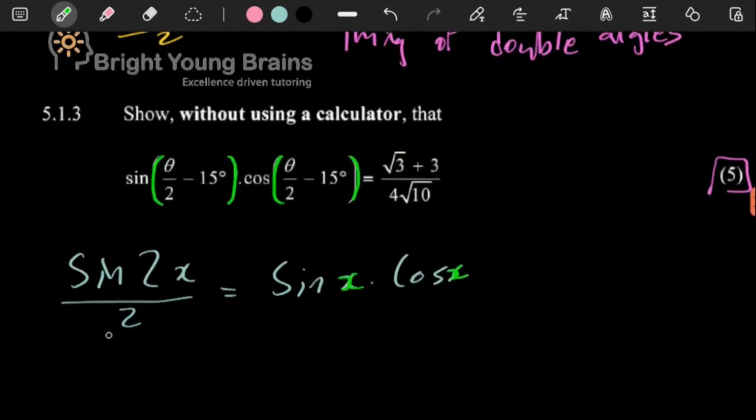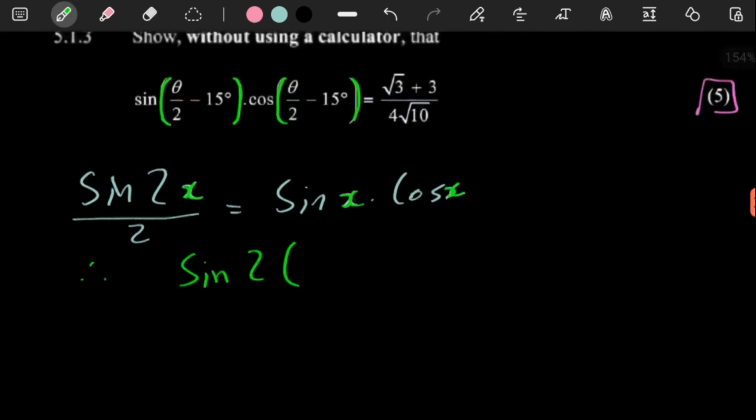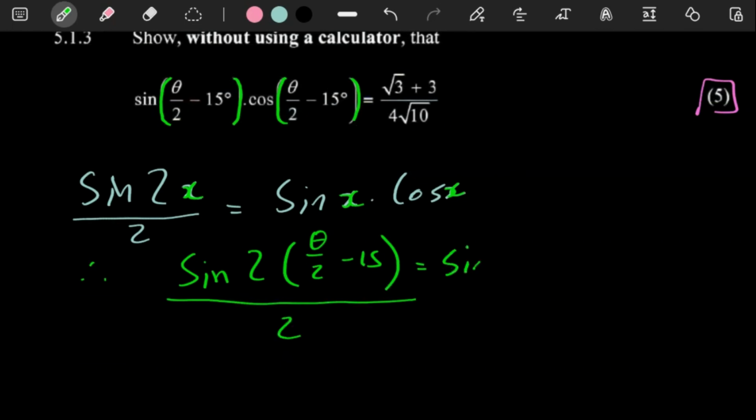So here we can say sine with the 2 multiplied by these brackets, theta over 2 minus 15, and then the whole thing over 2. Then you have sine of theta over 2 minus 15 times cos of theta over 2 minus 15. And then here we have to be thinking creatively.